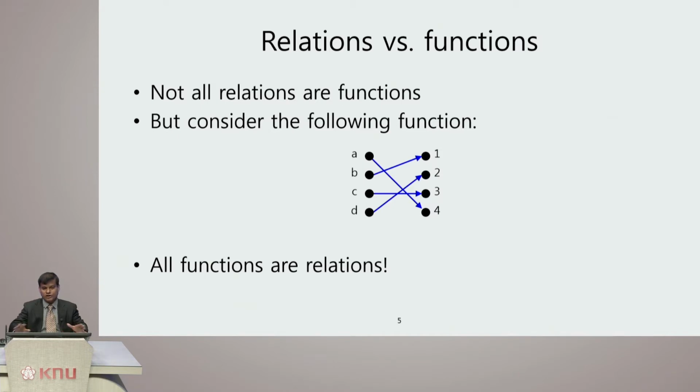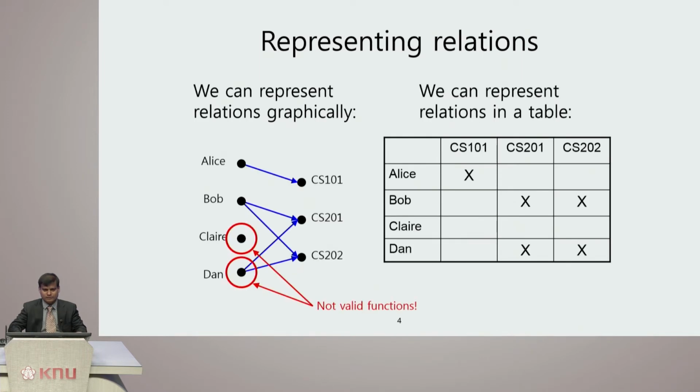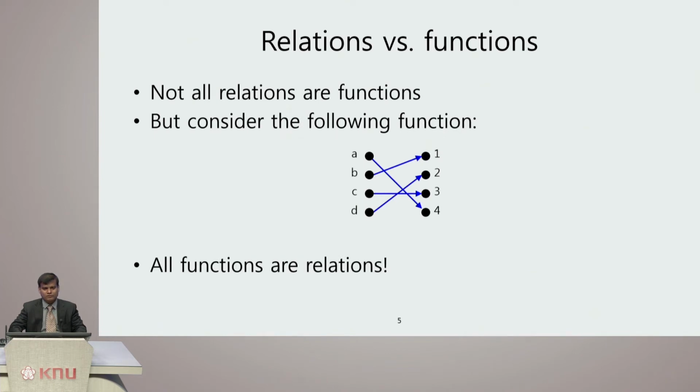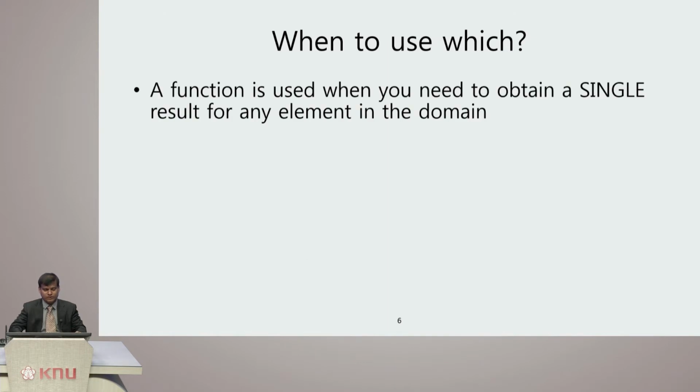As in the previous case, we saw that this is a relationship between the two sets of students and the classes they are taking in the CS department, but it doesn't represent a function. Whereas here, as we can see, this is a function, and of course it's also a relation. So not all relations are functions, but all functions are relations. That's one thing to note.